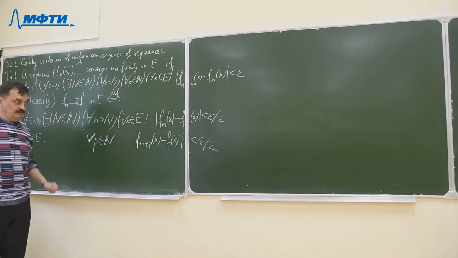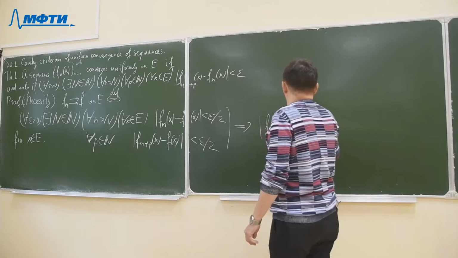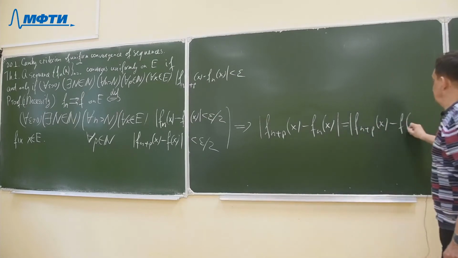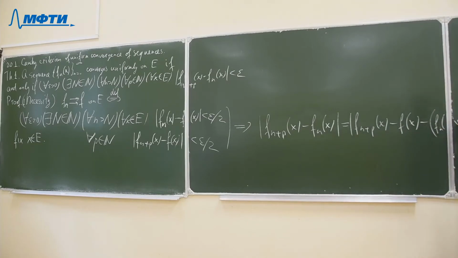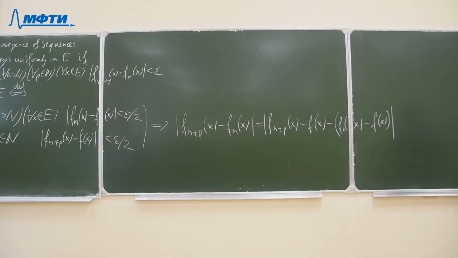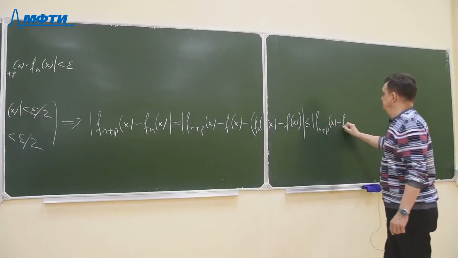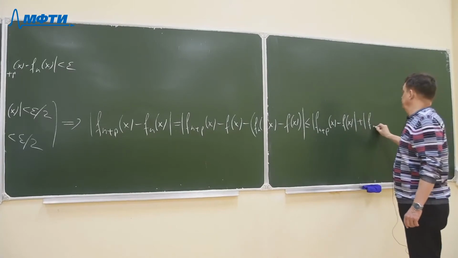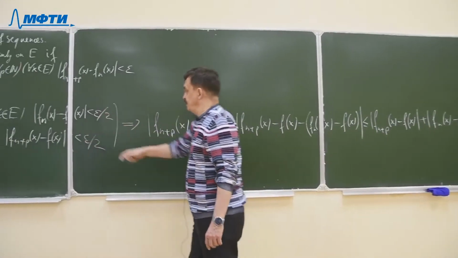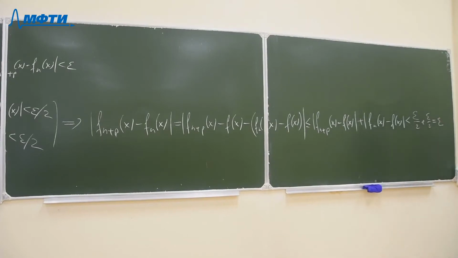Now, if we have those two inequalities, they imply together what they imply. By the triangle inequality, I can insert f of x, so I inserted f of x with minus and plus, and then by the triangle inequality I write this. And both terms are less than epsilon over 2, so the sum is less than epsilon over 2 plus epsilon over 2, or less than epsilon, right?